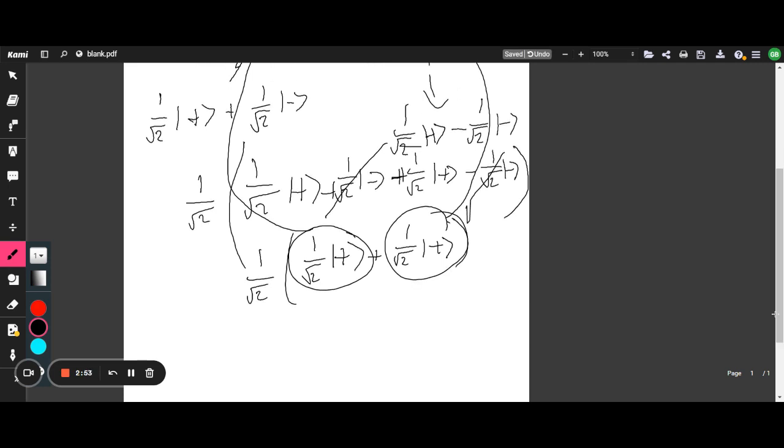So now, completing this equation, we get 1 over square root 2 times 2 over square root 2 spin up in the z direction.